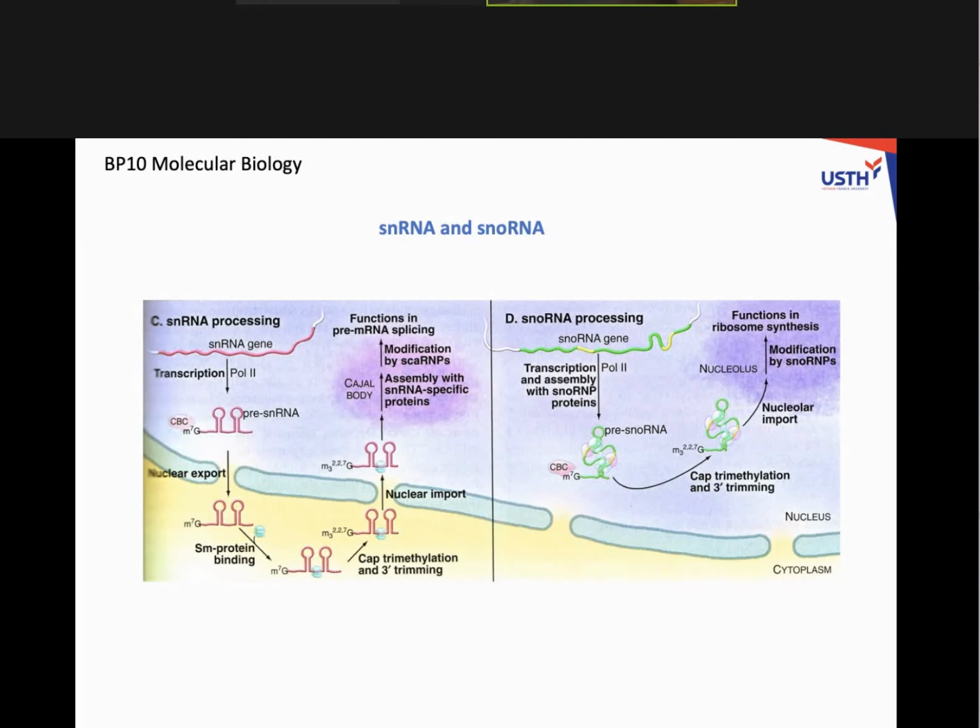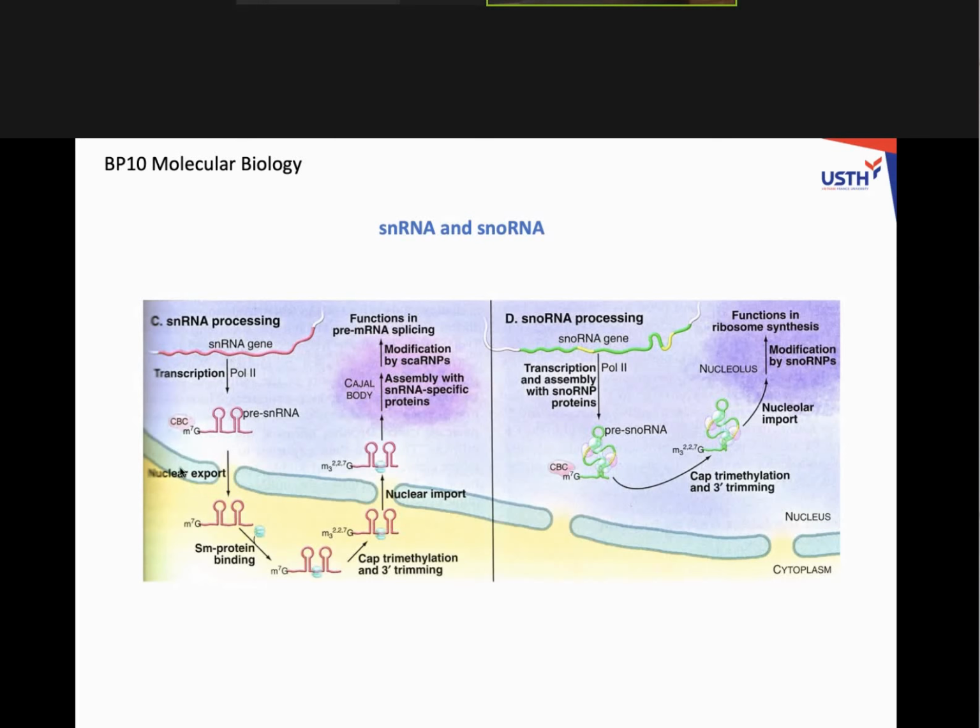In other words, if a classical Pol2 gene needs to be spliced at one moment or another, some other genes also transcribed by Pol2 need to be active. You understand what I mean?